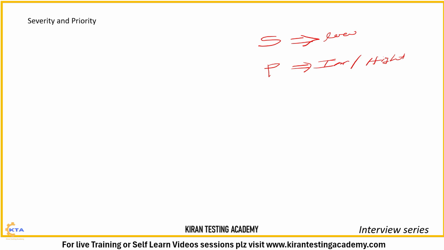Even though it is a simple cosmetic defect, it should be fixed as soon as possible, because that's the main logo of an organization. If it is wrongly spelled, that's not a good thing, isn't it? In that case, we can give high or immediate to get that fixed before release.